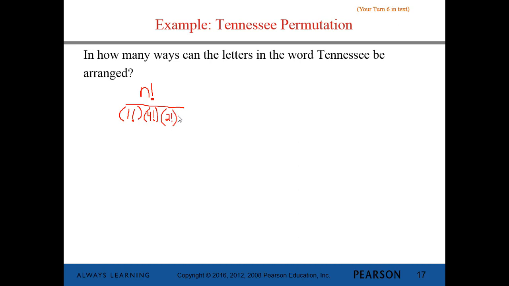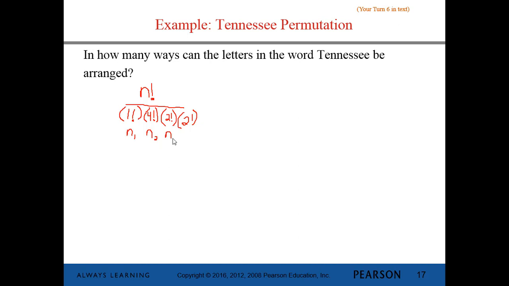And then how many n's are there? Well, there's 2 n's. And so I'm going to have another 2 factorial. Okay, so now what this looks like is, I'm going to call this n1. This is going to be n2.